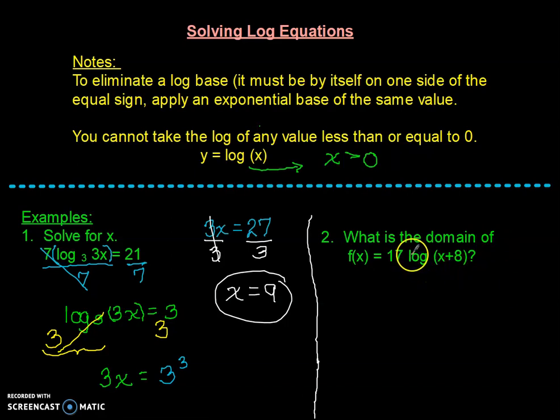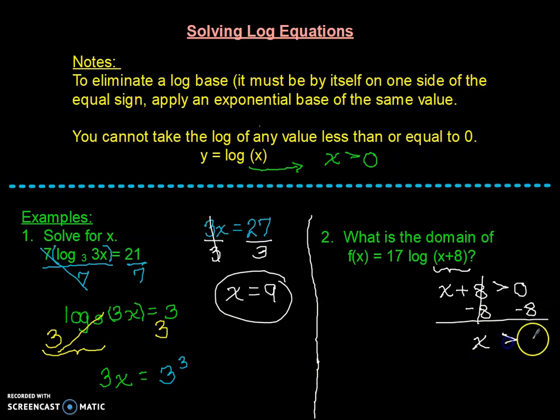The only thing that we know is that we cannot take the log of any number less than or equal to 0. So that means x plus 8 must be greater than 0, and in order for that to happen, all of the x values must be greater than -8.